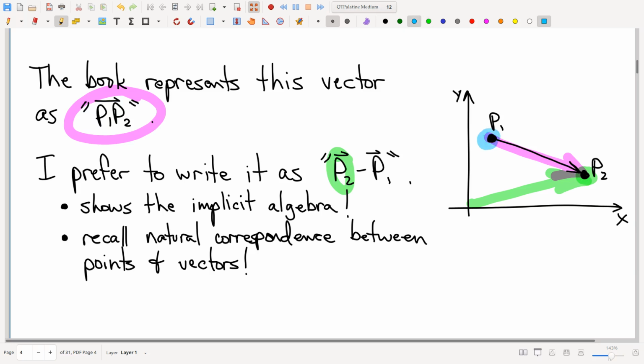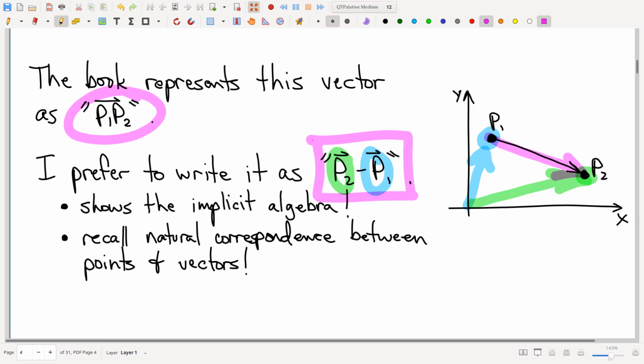P1, being a point, corresponds naturally to a vector. And this thing that goes from P1 to P2, check it out, it plus P1 gives you P2, so in fact it is P2 minus P1. So this is an alternative way to algebraically write the same vector.